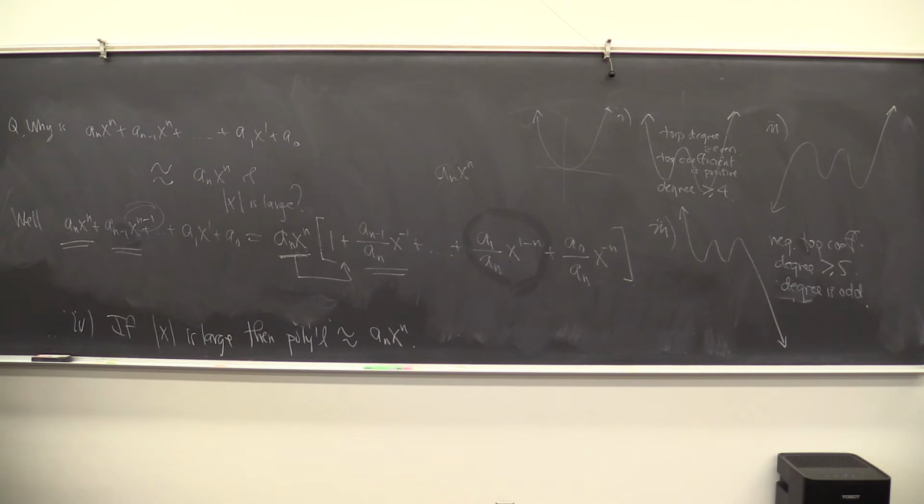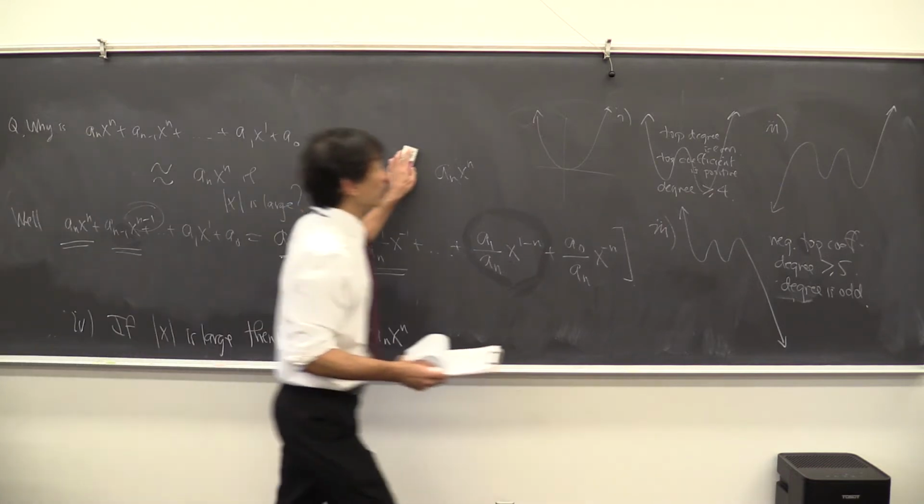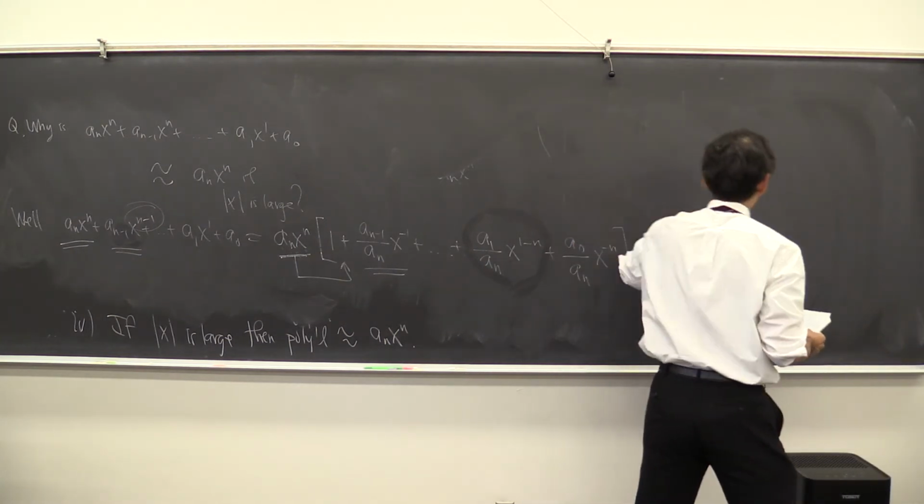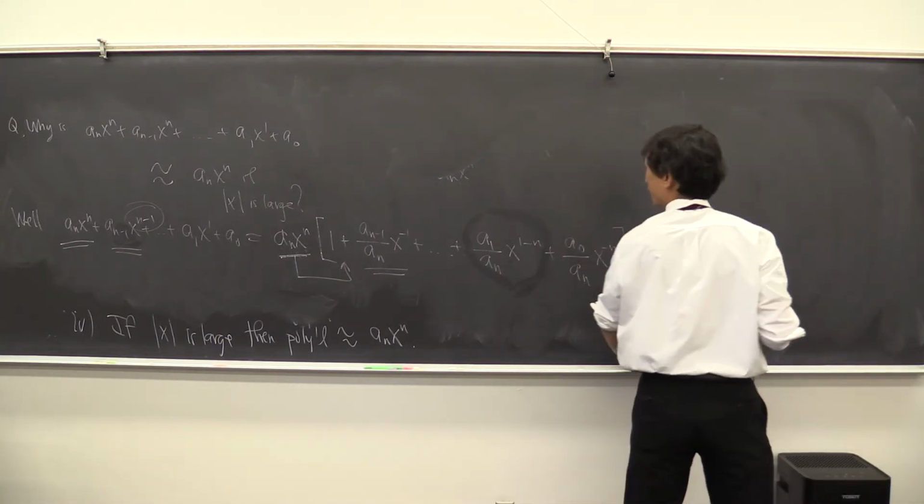Sorry, can you review what the difference is, like, can you use numbers to give an example of the difference between the powers? Sure. Yeah, that's a good idea. Make this concrete.